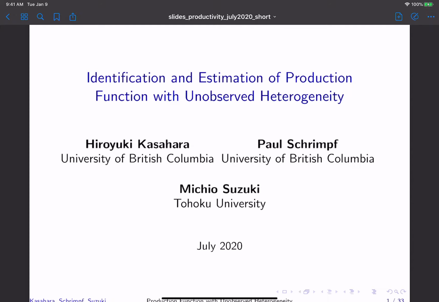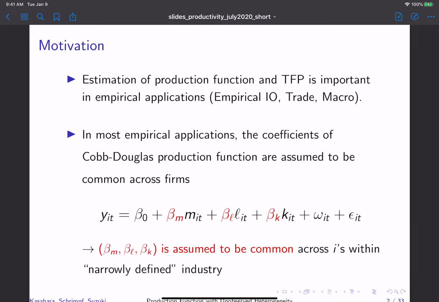Thank you. So this is just joint work with Paul Shrimp and Michio Suzuki. The motivation is that there are many empirical studies that estimate the production function, and in particular, often people are interested in recovering TFP from the estimated production function.